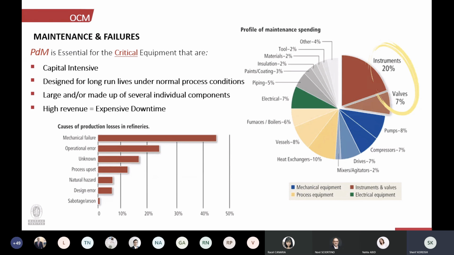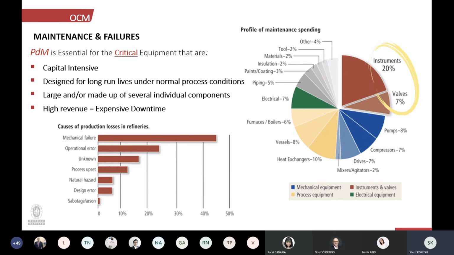So 50% of the expenditure on the cost of maintenance is on these particular items. And if we are talking about refineries, losses due to mechanical failures constitute 45% of the losses.